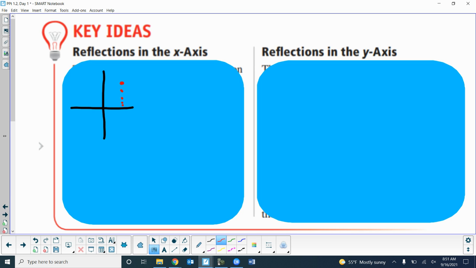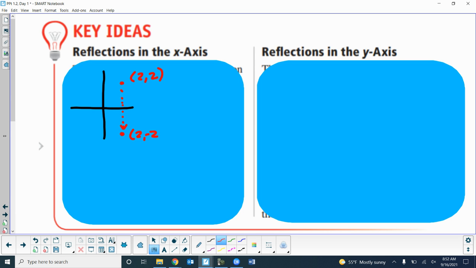How many spaces? The same amount, right? When I reflect it across the x. All right, so what changes? Let's say this point was (2, 2). What's this point now? (2, -2), isn't it? Same amount, up and down, because it's a reflection.